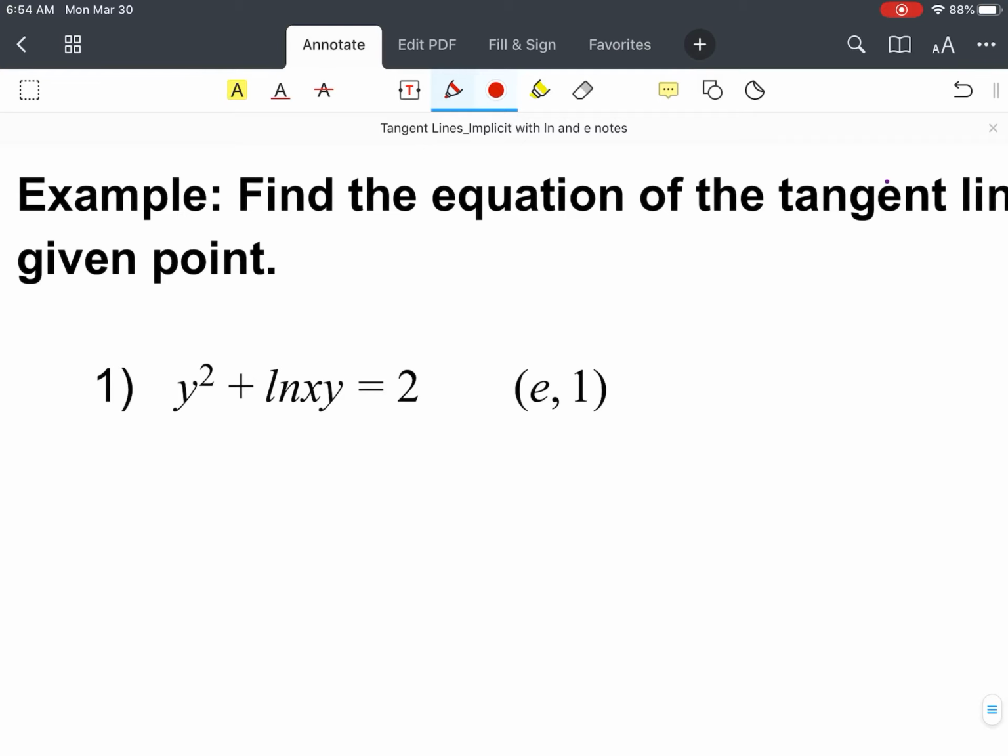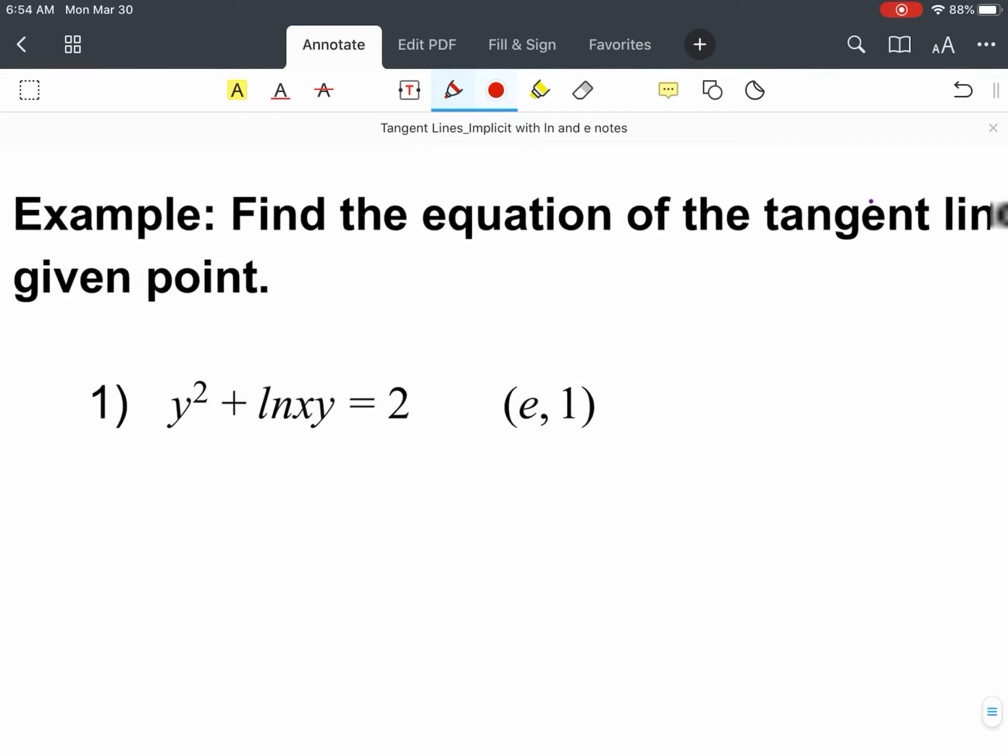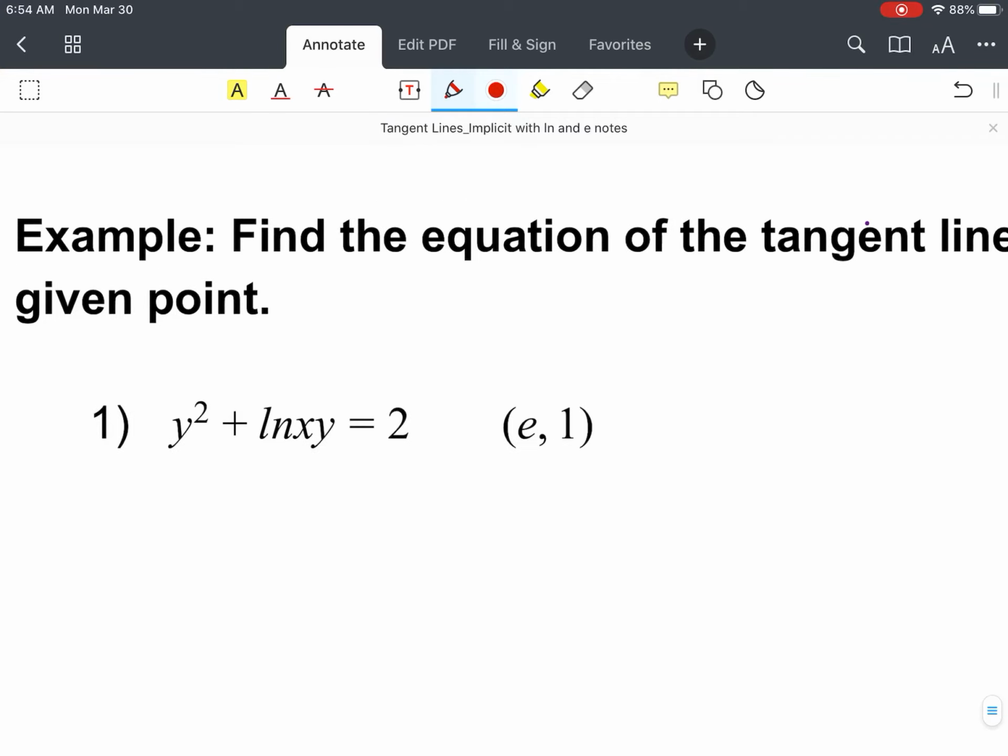If I want to do this, I'm going to first find the derivative. What's the first thing we should always do whenever we are about to take the derivative of an ln? We should split it up.